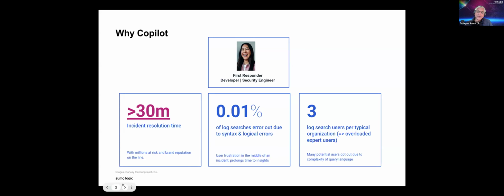So one of the main goals for Copilot is to make it easy for first responders to get the insights they need for diagnosis, investigation, and troubleshooting without being an expert in Sumo Logic query language. So reducing time to resolution is a big part of what we talk about.